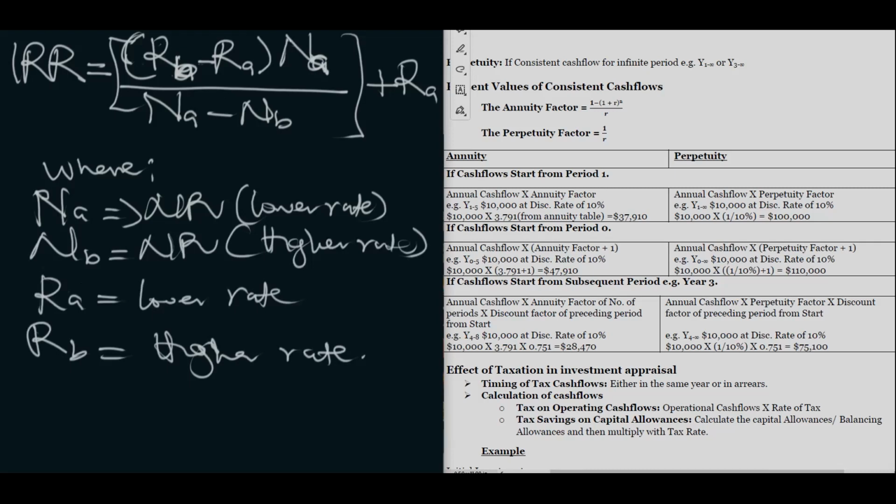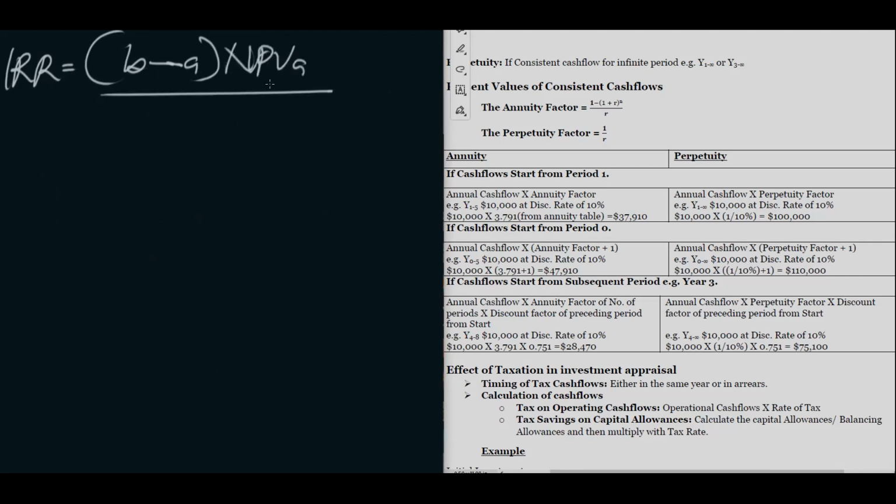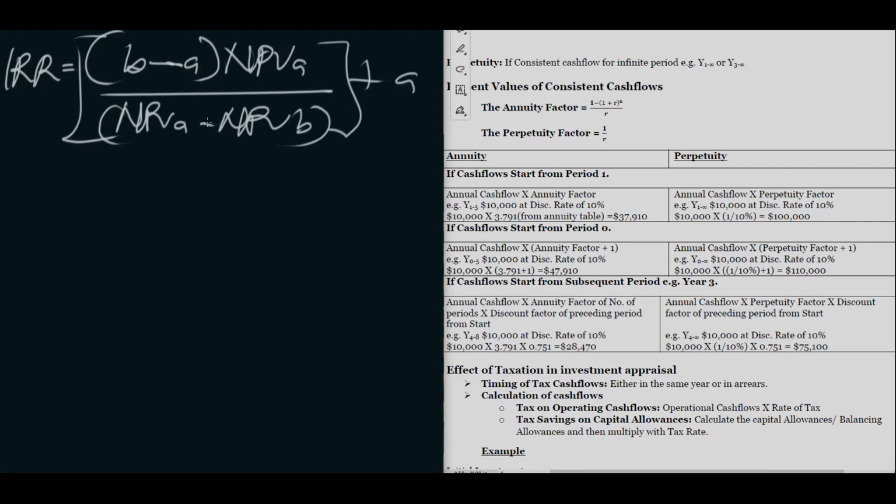So instead of going this way, IRR based on the interpolation formula should be B minus A, times NPV of A all over NPV A minus NPV B, also all plus A. Now this makes more sense and is easier instead of using RA. So this is comfortable. Okay, now we know the parameters already.